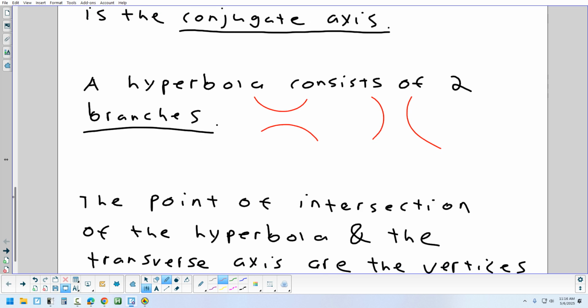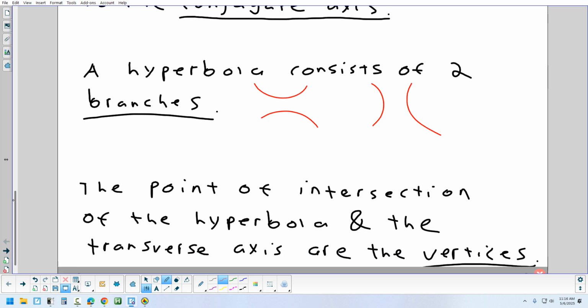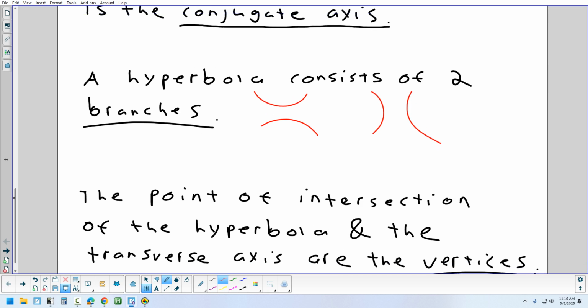If you draw the transverse axis and look where it crosses the hyperbola, that point and that point, or that point and that point, those are called your vertices. So like an ellipse, the vertices are an actual point on the shape. The foci are not. The foci are imaginary points.